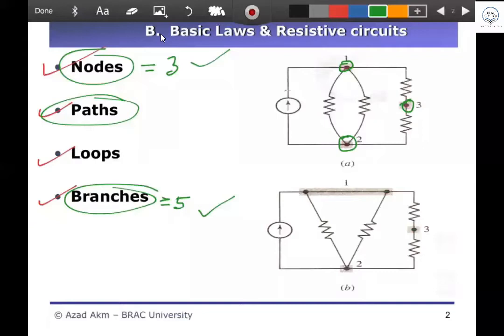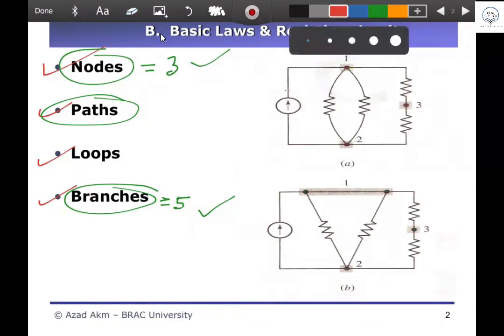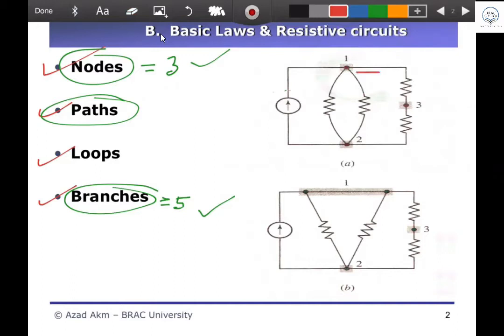What is path? By definition, if you start from one node, let's say node 1, go through the other node and come back to another node, like 1, 3, 2, this is your path.